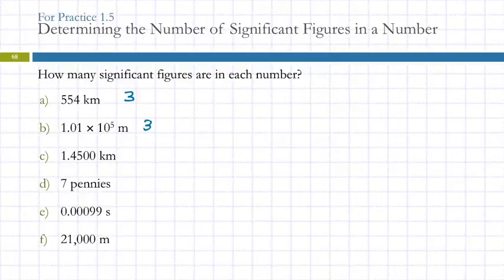If we wrote that in decimal notation, it would be 101,123 meters. Okay, and there we have a trapped 0, and then we have these trailing zeros. Technically, the trailing zeros are ambiguous, but we're going to always assume the worst and say that they're not significant.